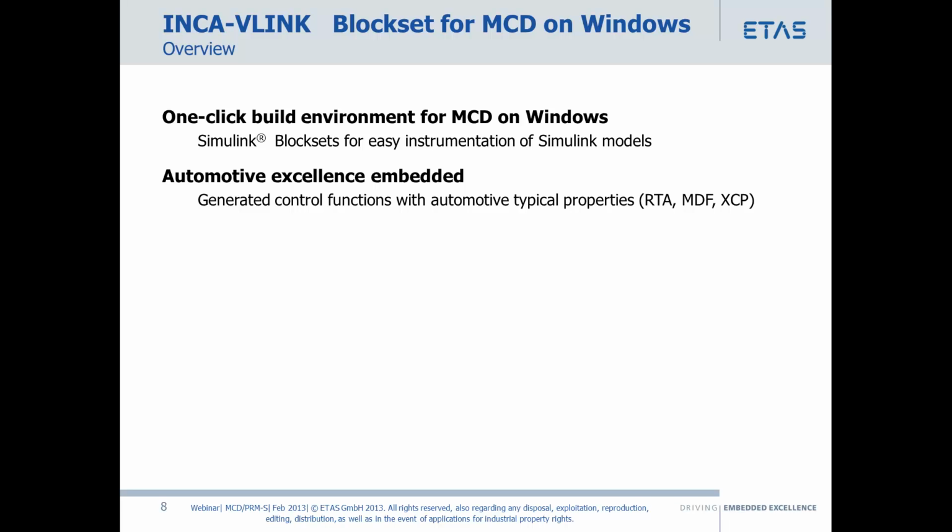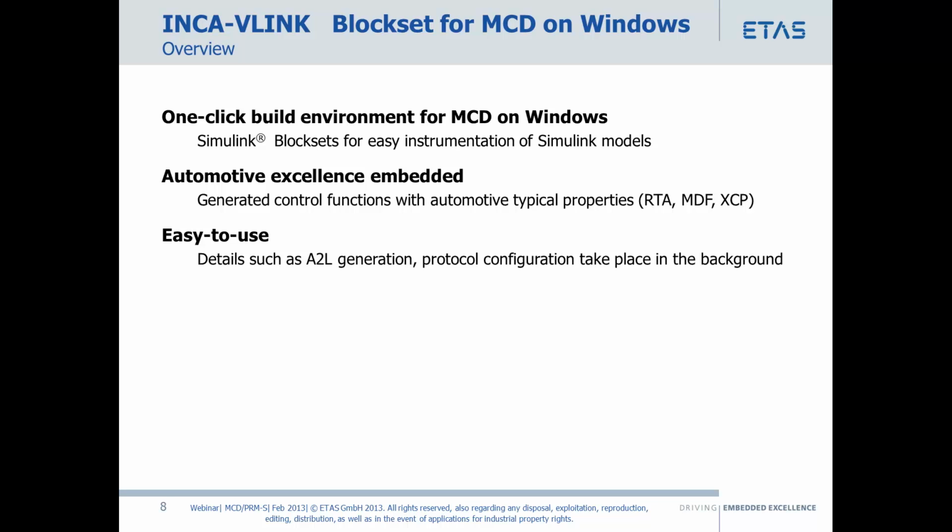It embeds automotive excellence. The generated control is executed in an automotive typical shell. It runs equipped with an RTA operating system, provides capabilities such as measurement data files for stimulation, and it automatically includes an XCP protocol layer.